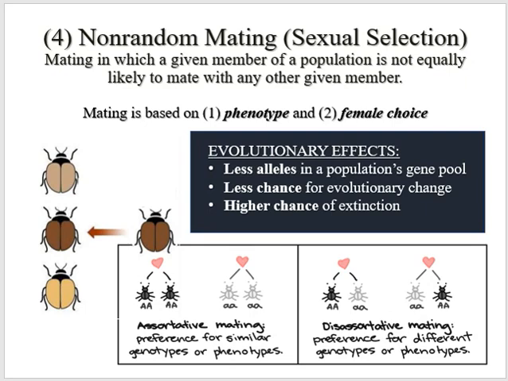So the male that's chosen based on the choices of the females and those preferences, whatever male is chosen will increase the proportion of his alleles in the next generation, right?